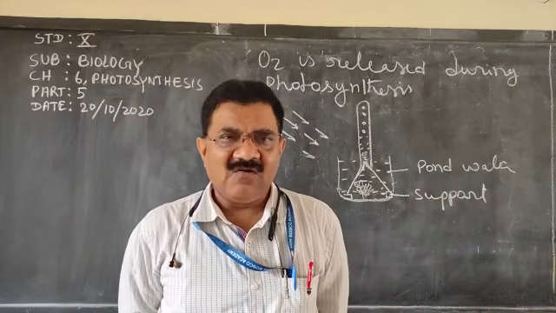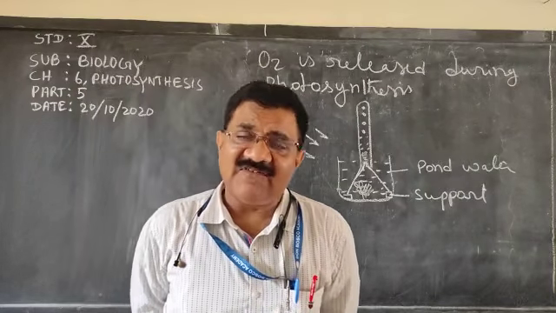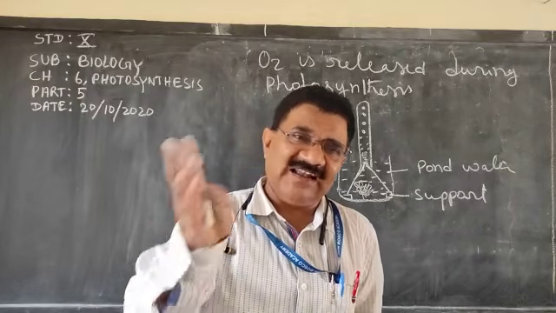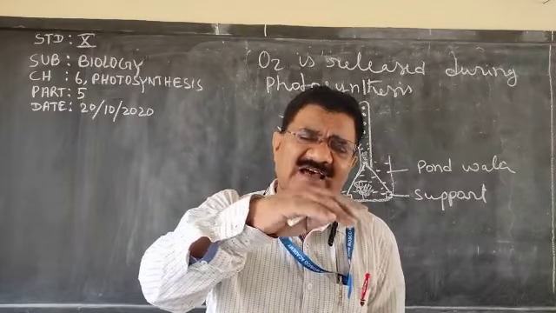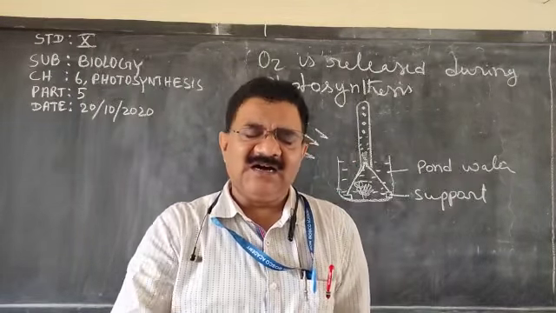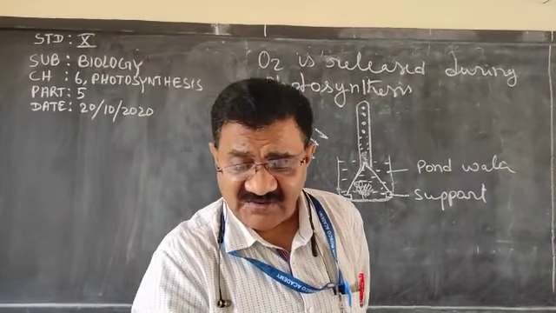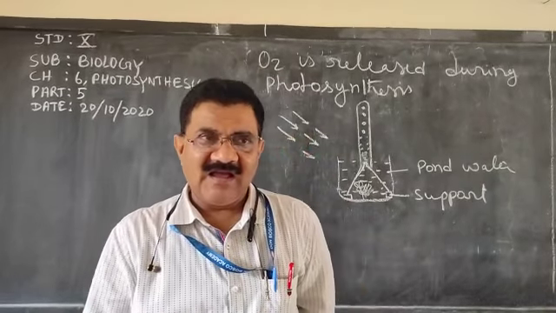Only green plants are the autotrophs. They can prepare their own food, and herbivores are dependent directly on the plant parts and carnivores are dependent on the herbivores. So directly or indirectly we are dependent on the plants only.